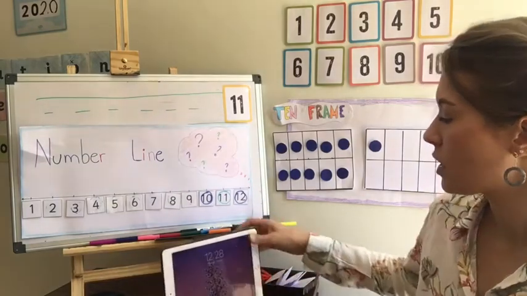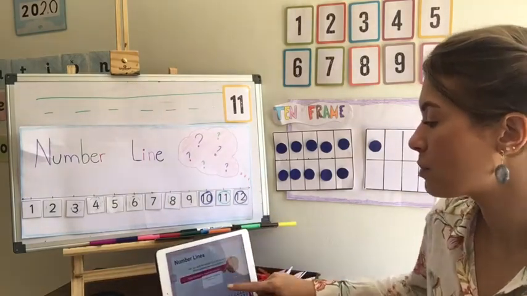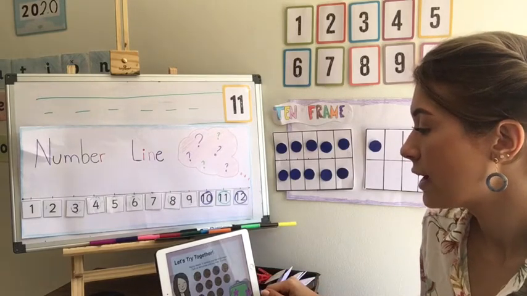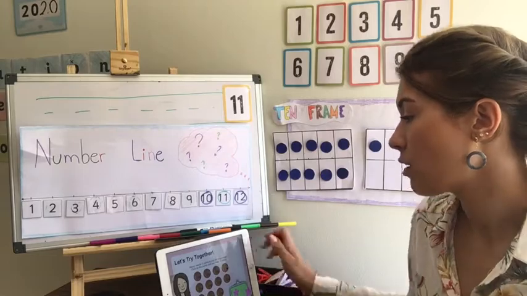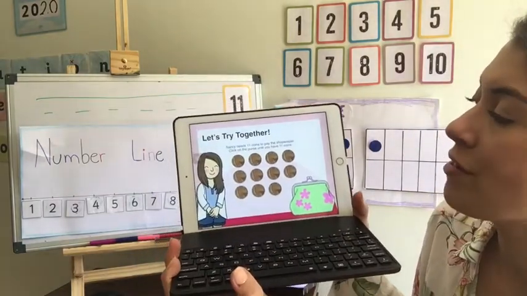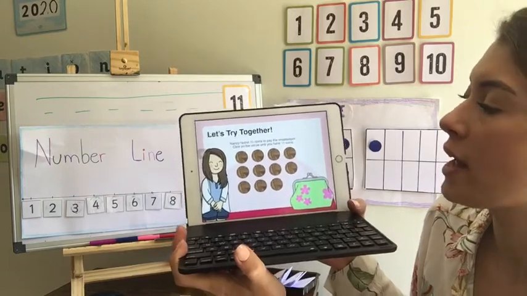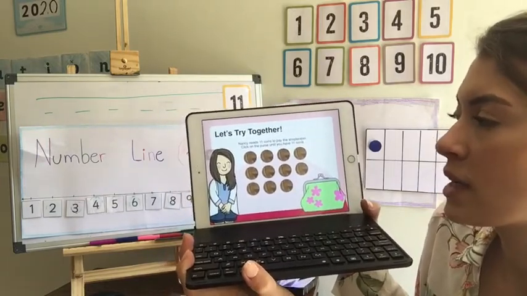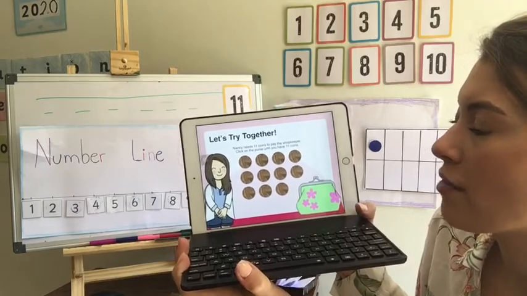Really good. Let's continue with how we can represent the number 11. For example, Nancy needs 11 coins to pay the shopkeeper. Click on the purse until you have 11 coins.